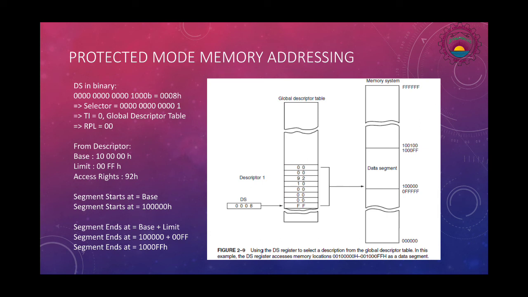RPL is 00, so RPL is at maximum value. Now from descriptor you may see that base is 100000 and limit is 00FF and access byte is 92 and last two bytes are 00 for this descriptor one.